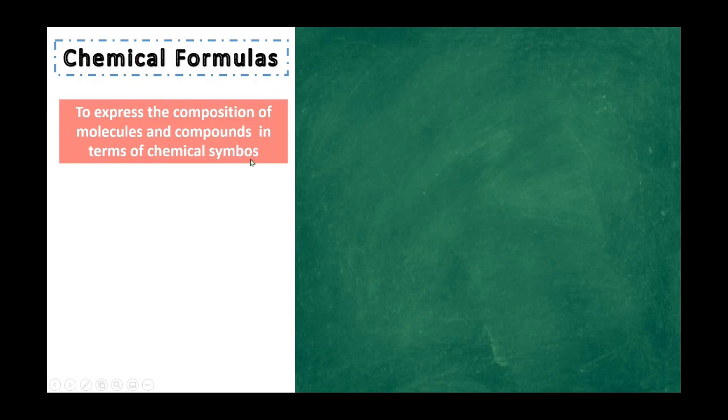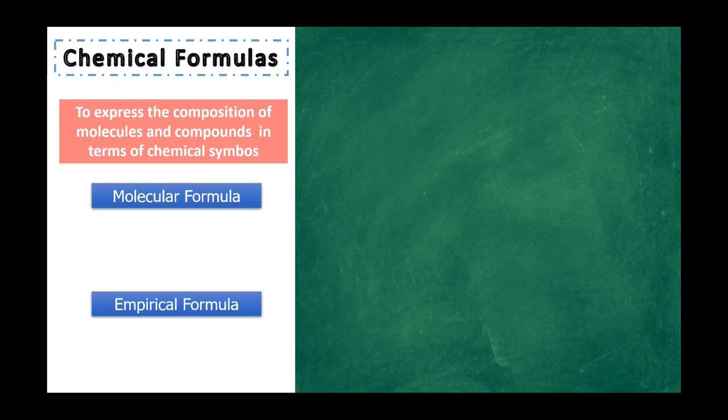Chemical symbols. What we will use here are the molecular formula and the empirical formula. So, what is the difference between these two? Molecular formula is the exact number of atoms of each element in the smallest unit of a substance.